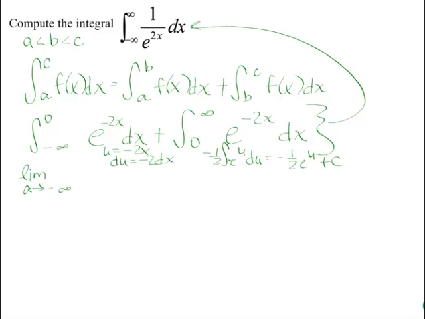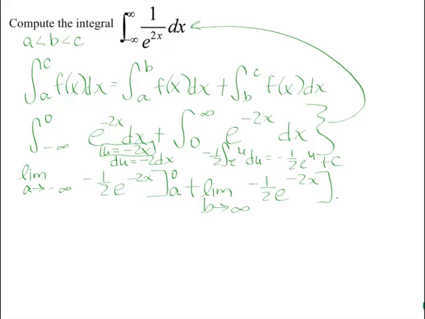For us, u was negative 2x. So I'm going to just write my antiderivative function here, and I am integrating from a up to 0. I'm going to add to that, as I take b toward positive infinity, the integral from 0 up to b.